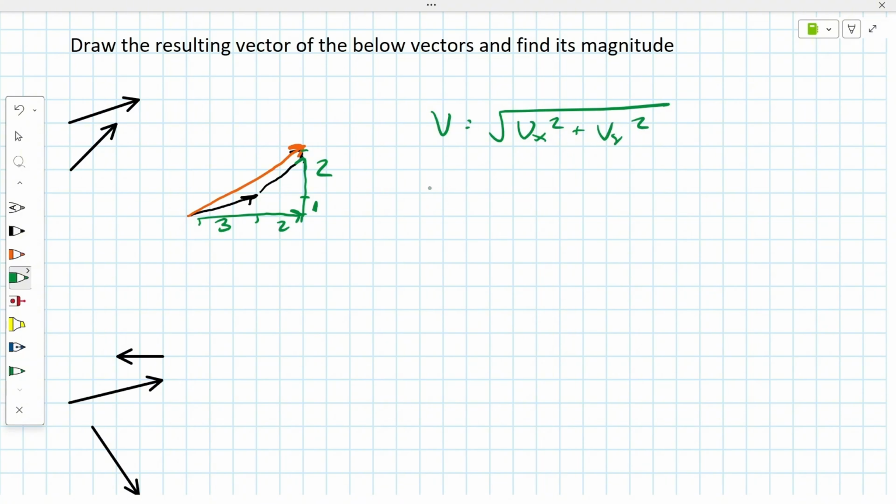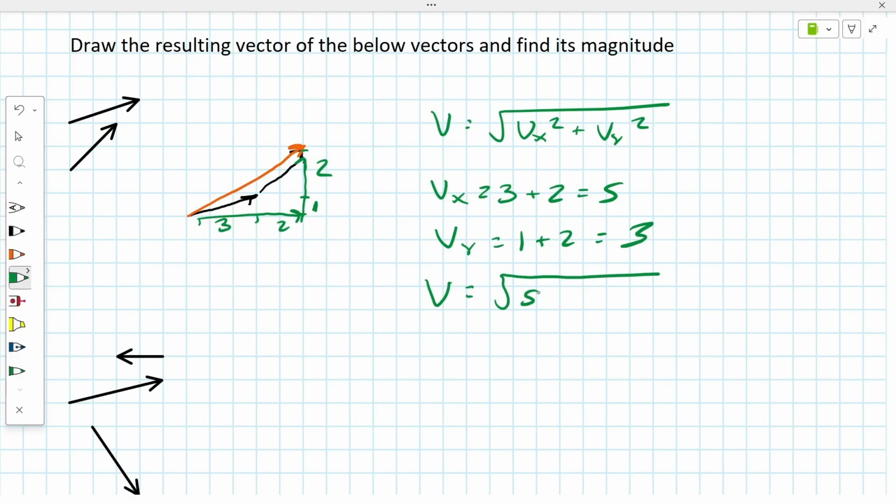So if we wanted to find our vector in the x direction, it'll just be this 3 plus 2, and then in the y direction it's just 1 plus 2, and we can plug these in and get the square root of 5 squared plus 3 squared, and that'll equal 5.83. That's the magnitude of this resultant vector.